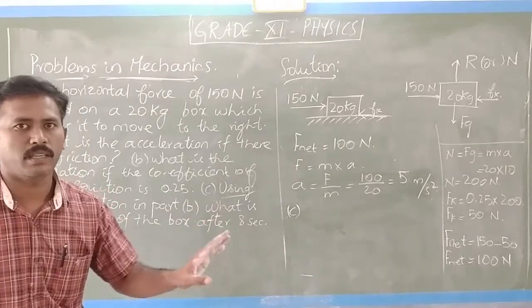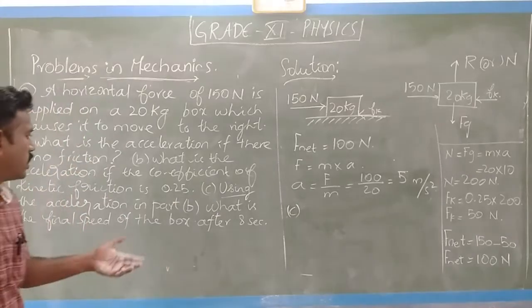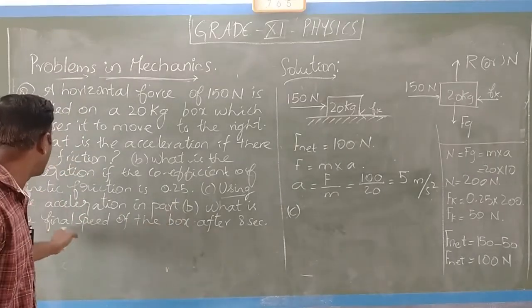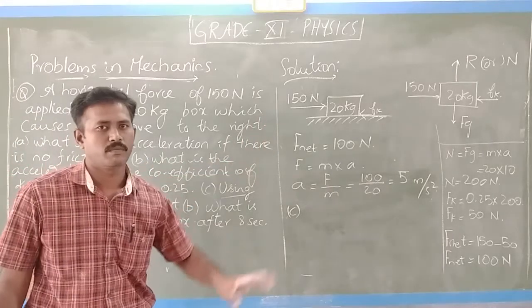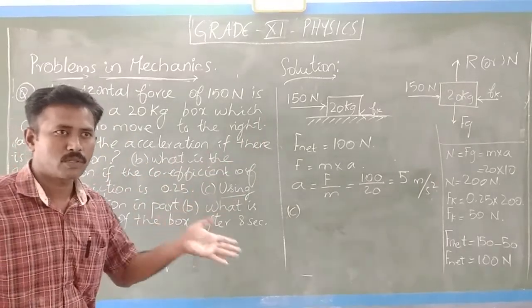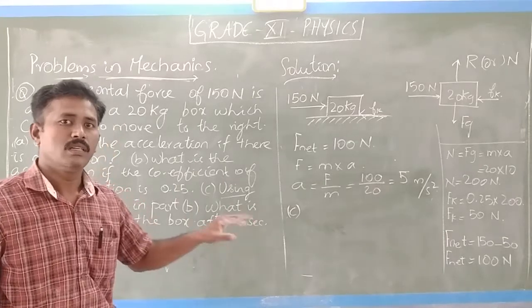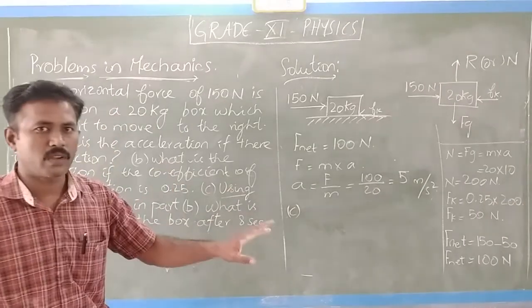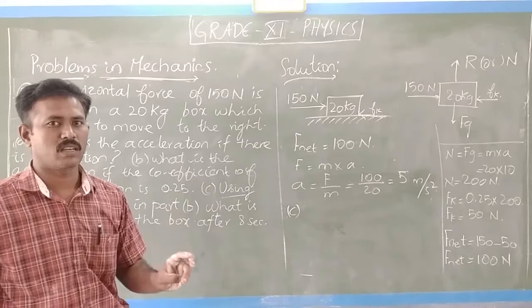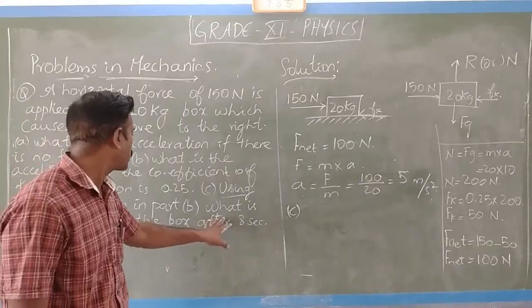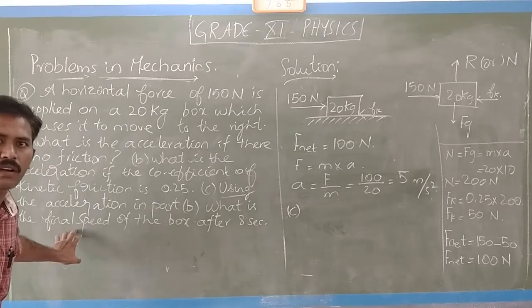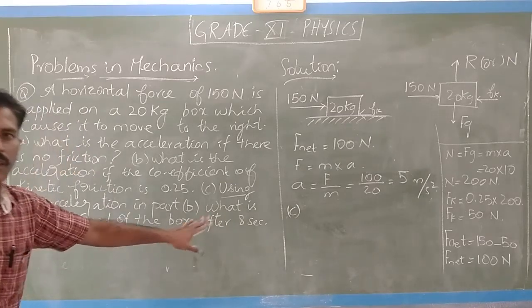It is being asked, what is the final speed of the box? The box is moving due to my force. Now I give force, the box moves. So we got the acceleration value. If I have acceleration and time, what can we find? We can find velocity.